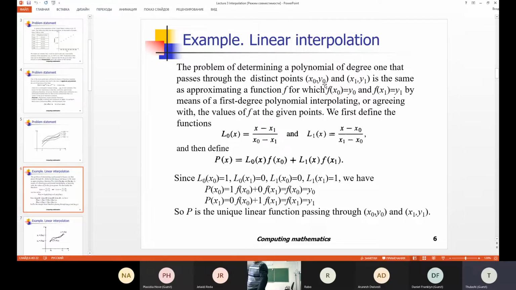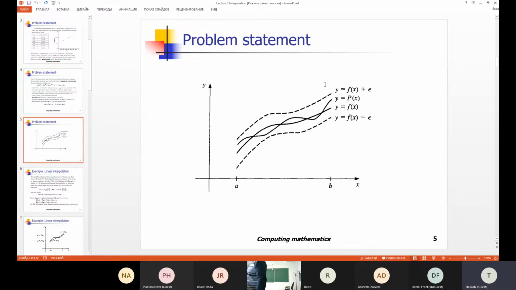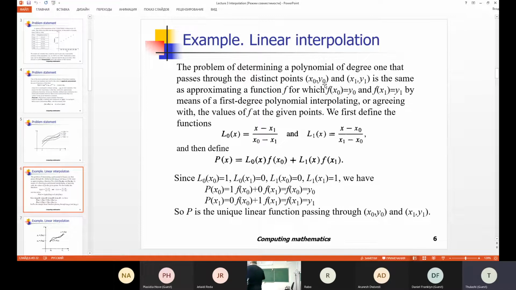Suppose that we have this table, this or any other table, and we have only two rows, and these lines will correspond to 2 points. The point x0 and y0, and the point x1, y1.